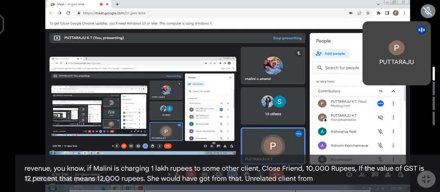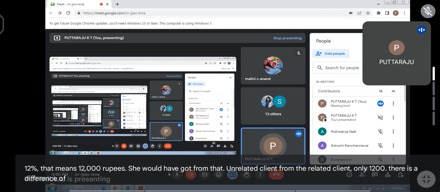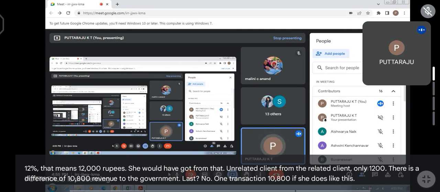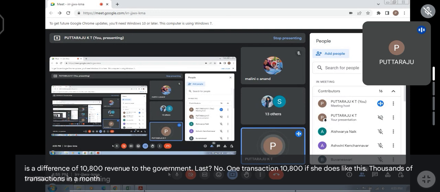From the related client, only 1,200. There is a difference of 10,800 revenue to the government. Loss, no? One transaction 10,800. If she does like this, thousands of transactions in a month, then how much revenue will the government lose?